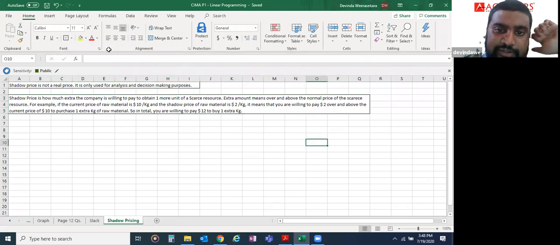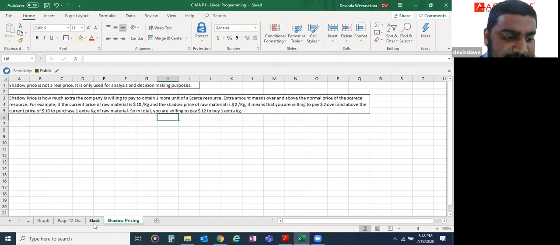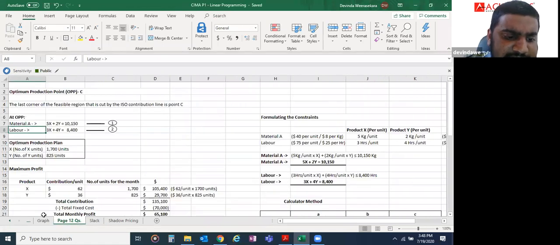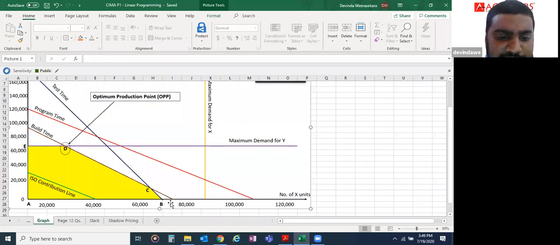Now, if you take a particular resource, which resources are scarce resources, guys? Let's go back to the graph. In the slack calculation, we said if a particular resource falls on the optimum production point, that resource is going to be fully utilized.